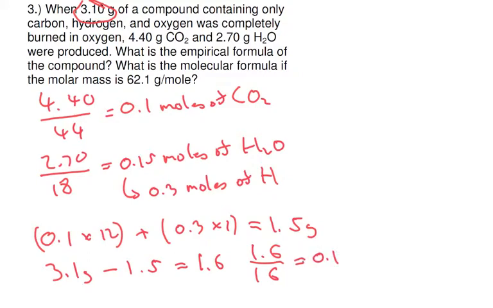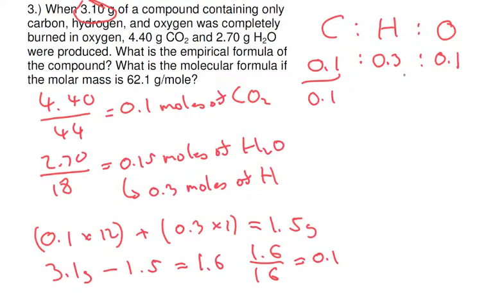So now if we look at the top here, we've got carbon, hydrogen and oxygen. Carbon, we have got 0.1 moles. Hydrogen, we've got 0.3, and oxygen, we have got 0.1. So dividing by the smallest number, which is the same for carbon and oxygen, so 0.1, we find a ratio of 1 to 3 to 1.